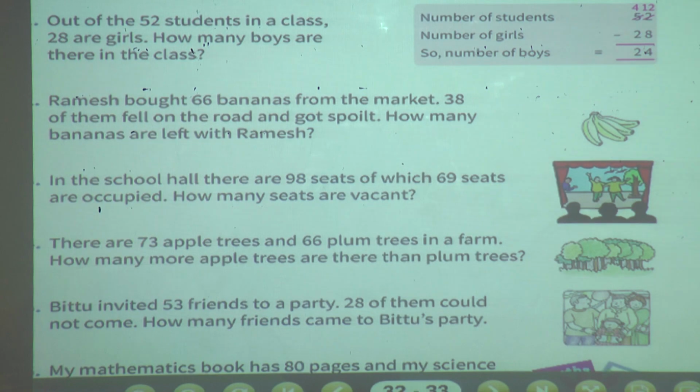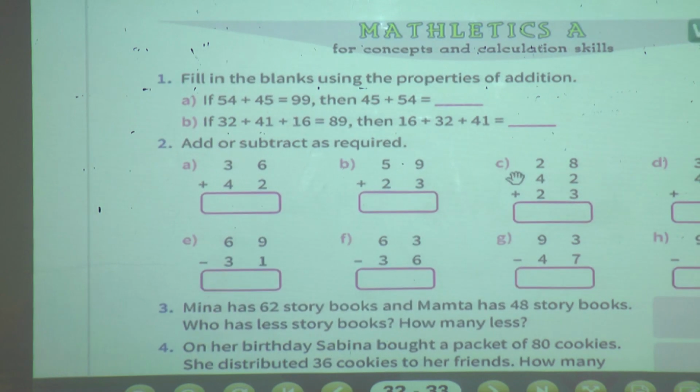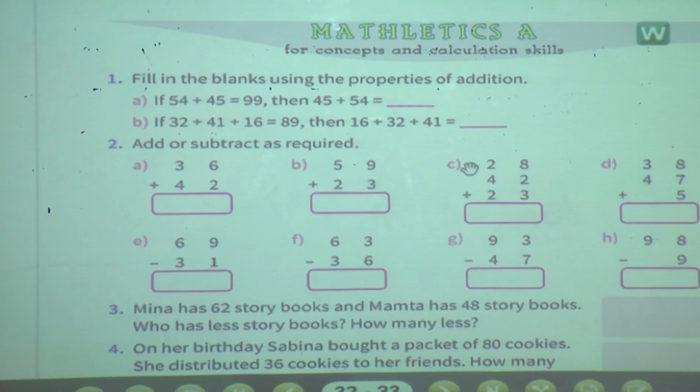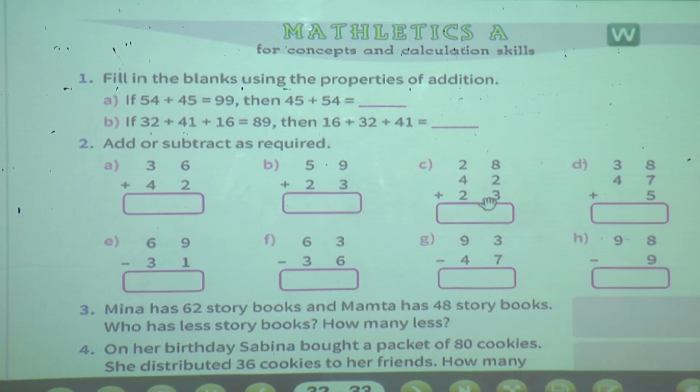Okay. Then turn to the next page. See here, calculation, mathematics for concept and calculation skills. As you have solved all sums, addition and subtraction, in this way, if you want to practice more, you can solve this exercise in the textbook itself.